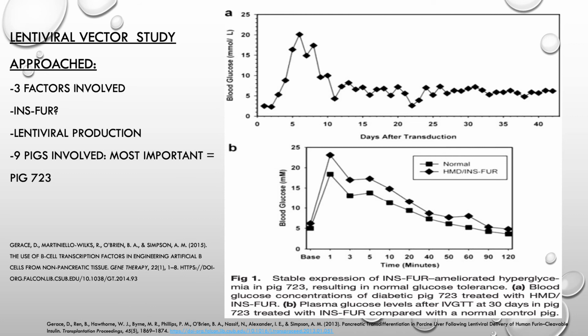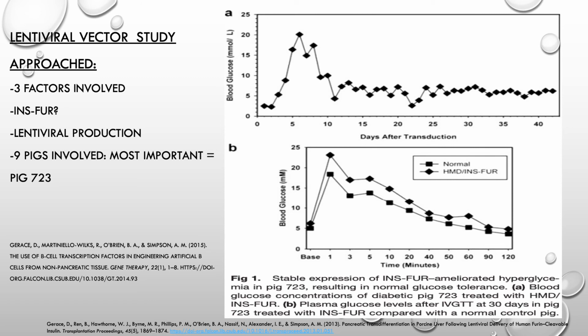So this study really just mainly lasted only for 44 days. And I will tell you why later. But in figure 1B, it shows that with the injection of the lentiviral vector, there was a normal intravenous glucose tolerance test, the IVGTT, at 30 days. As you can see on the graph, the x-axis is the time, and the y-axis is the blood glucose.